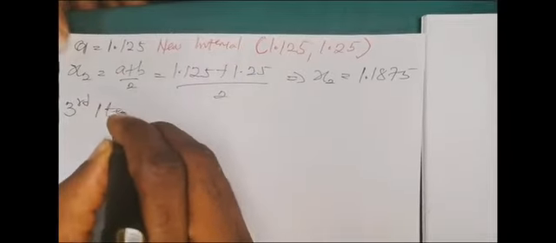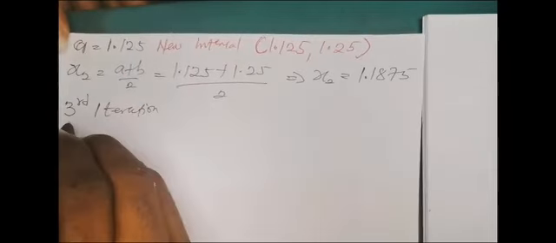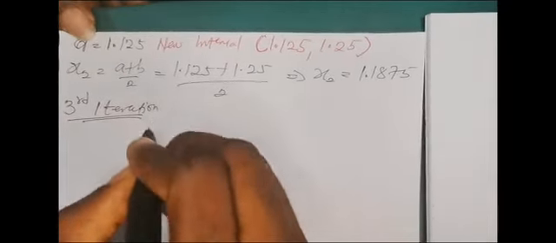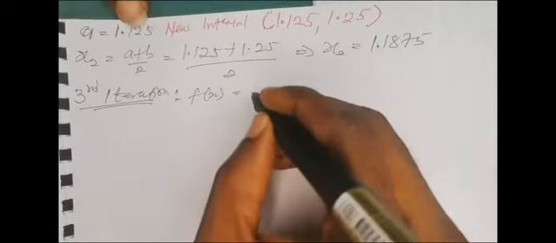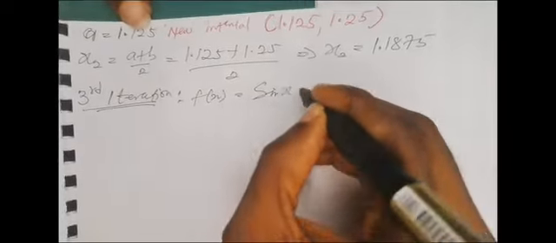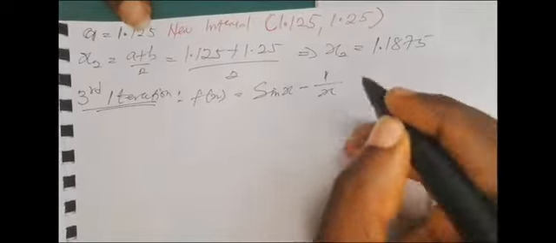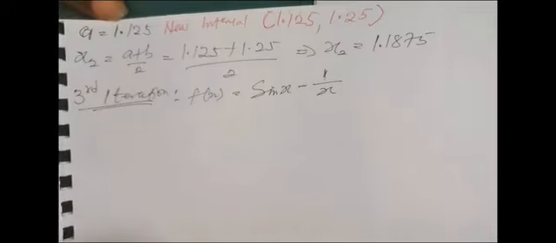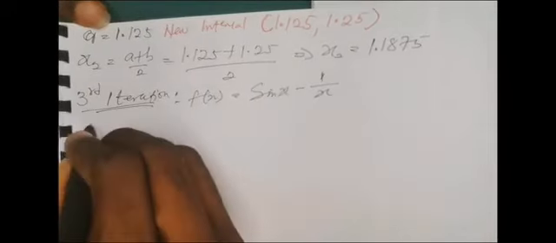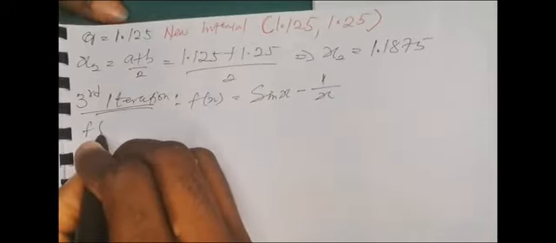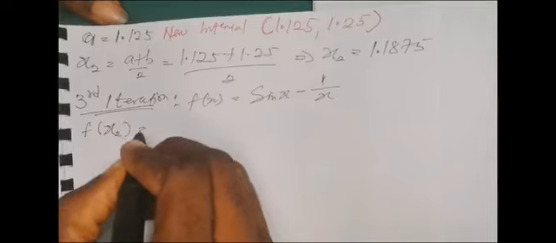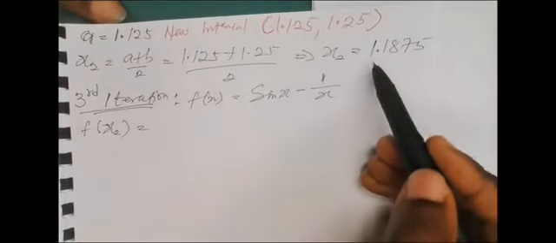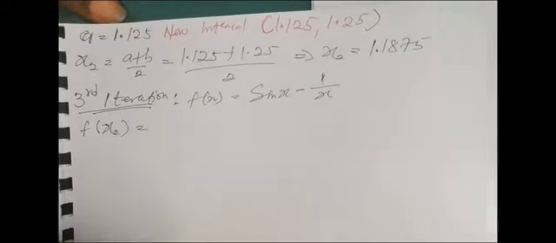And remember I said in the previous video that you only begin to compare after the third iteration. Okay, so not forgetting the function f(s) = (sin s − 1) / s. Now we find f(S2). Simply plug S2 into the function, and S2 is 1.1875.